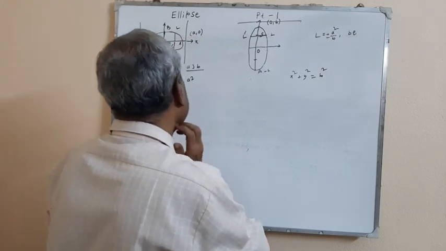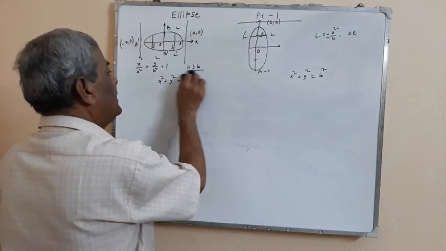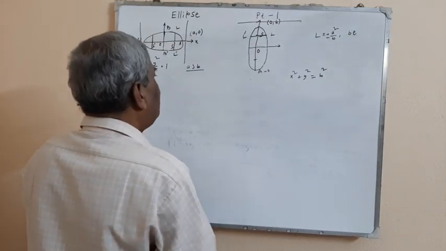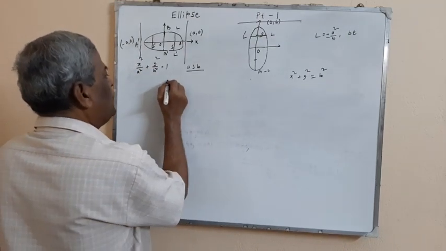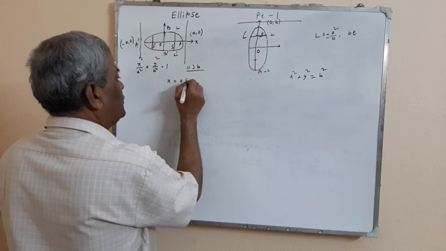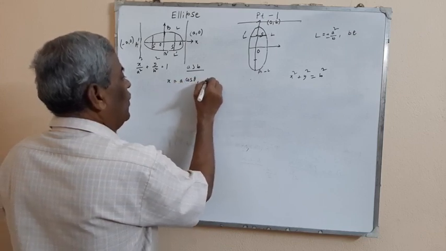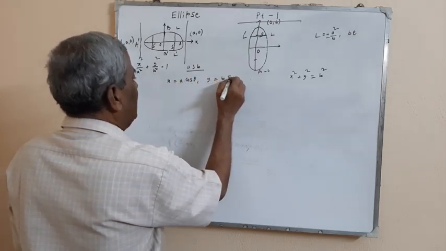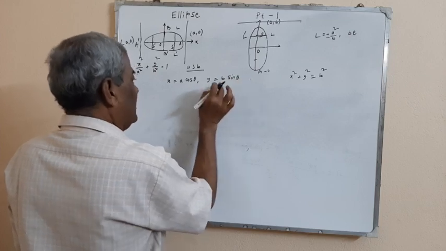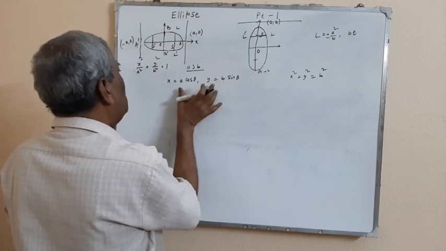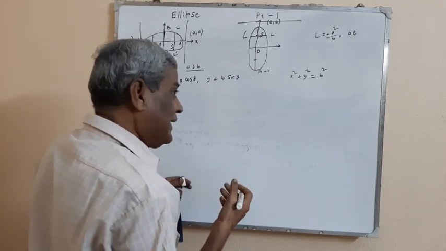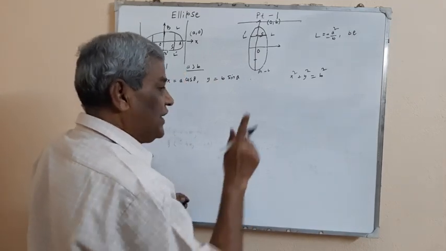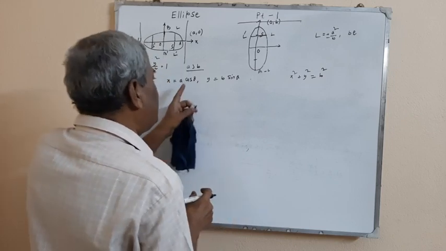Parametric representation of an ellipse. For both the cases, if we put x is equal to a cos theta, y is equal to b sin theta, this x and y will satisfy this equation. So the coordinates x and y can be expressed in terms of a single variable theta.